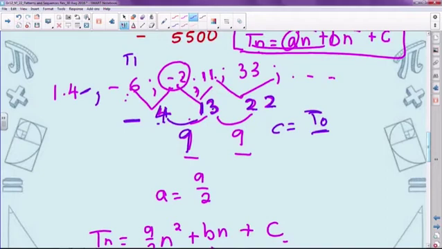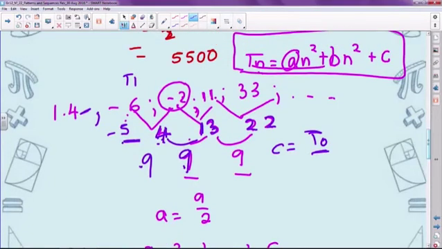Okay, so how do we get that value? Well, if you go 13 minus 9, you get 4. If you go 4 minus 9, you get minus 5. So that is the term 0 value in your first differences. For me to get backwards and get term 0, I then say minus 6 minus that term will give me term 0.